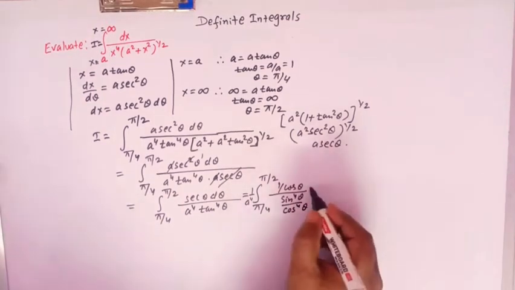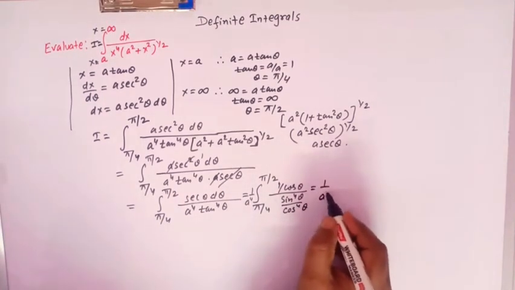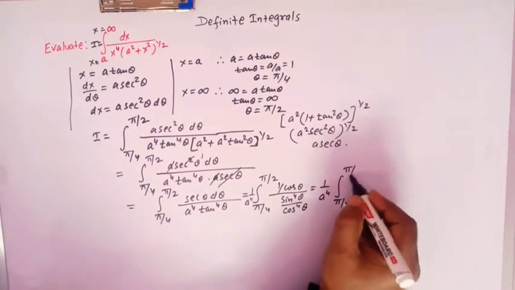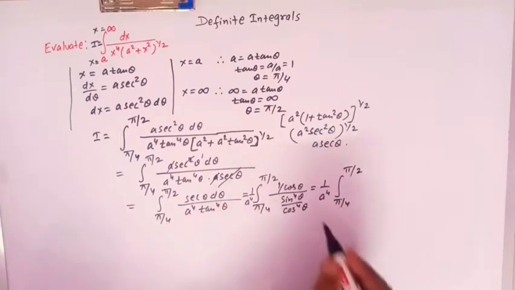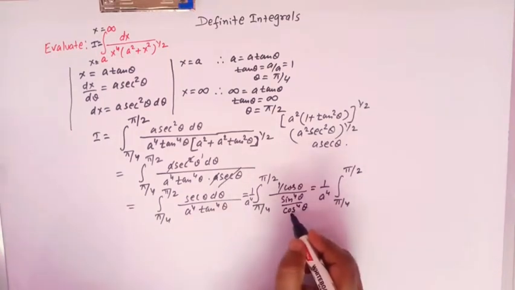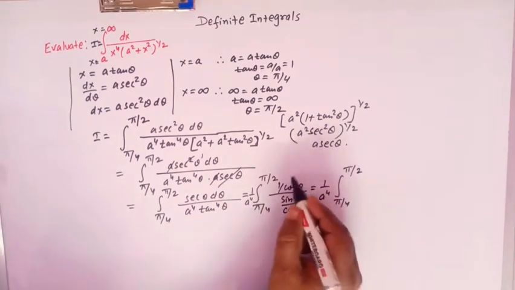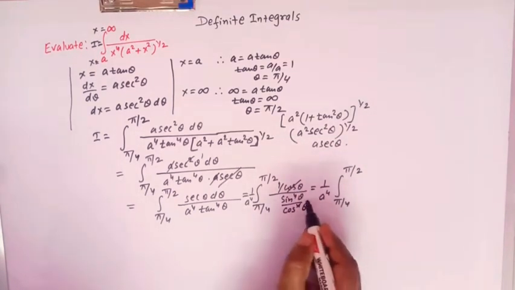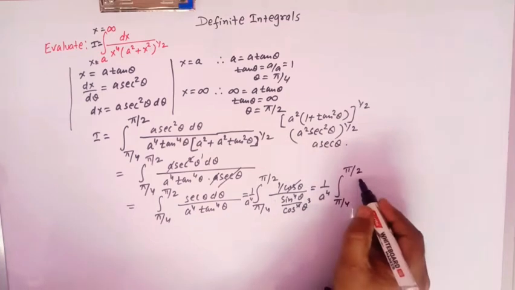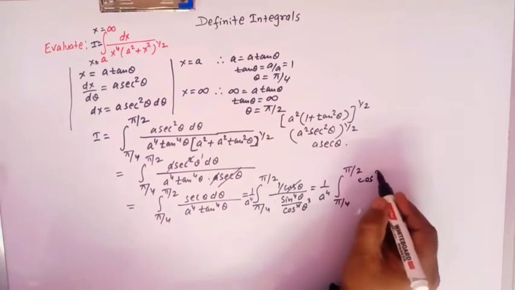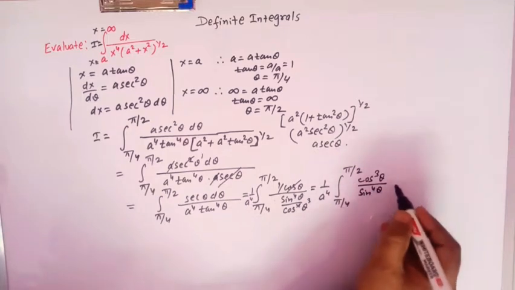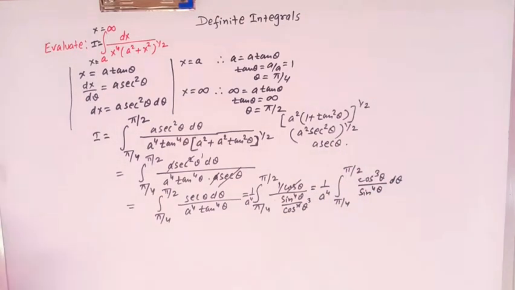And now this can be written as 1 over a raised to 4 times the integral from pi by 4 to pi by 2, and taking cos raised to 4 theta in the numerator, this cos theta gets cancelled, and we have cos cube theta over sine raised to 4 theta d theta.